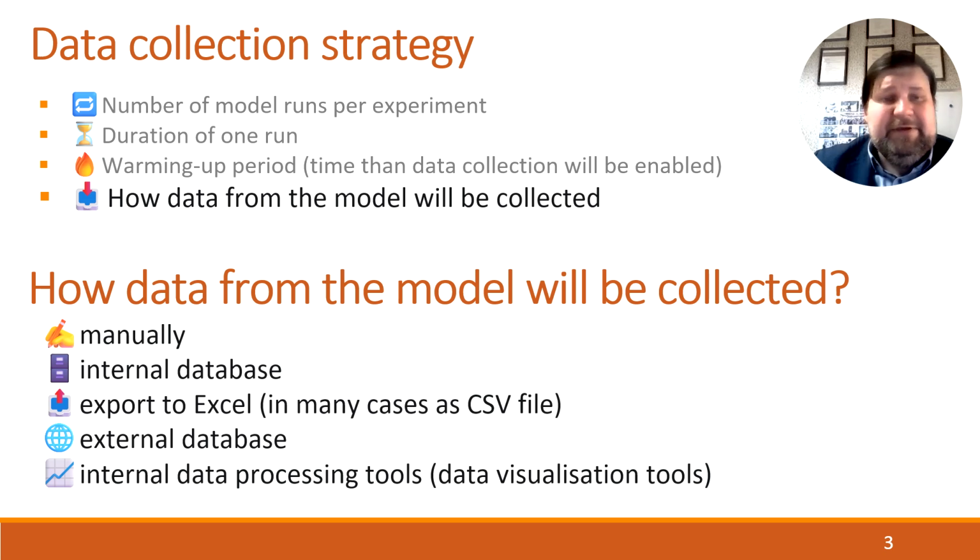Using an external database is really useful when we are talking about technology such as digital twins. And of course, we could utilize different kinds of internal data processing tools, such as data visualization tools, which in many cases are already built inside the simulation software.